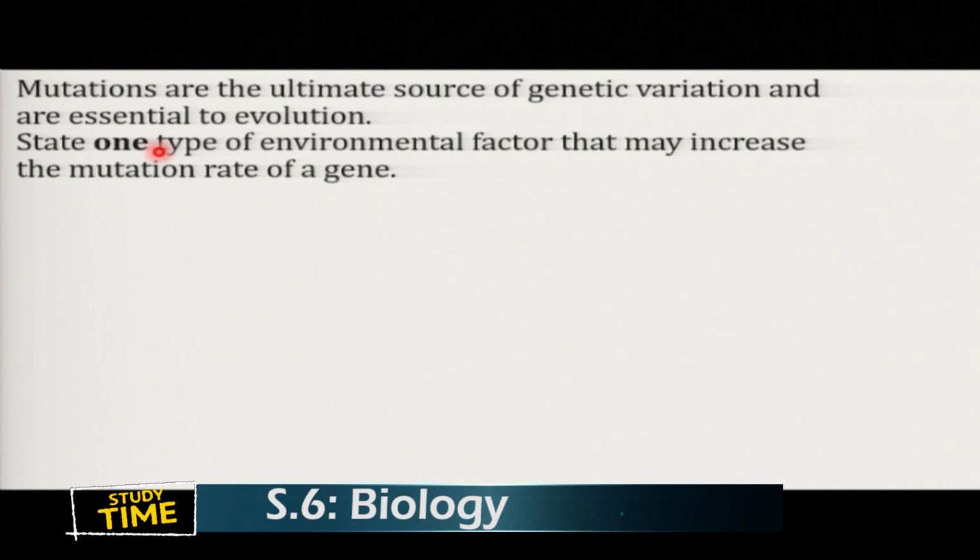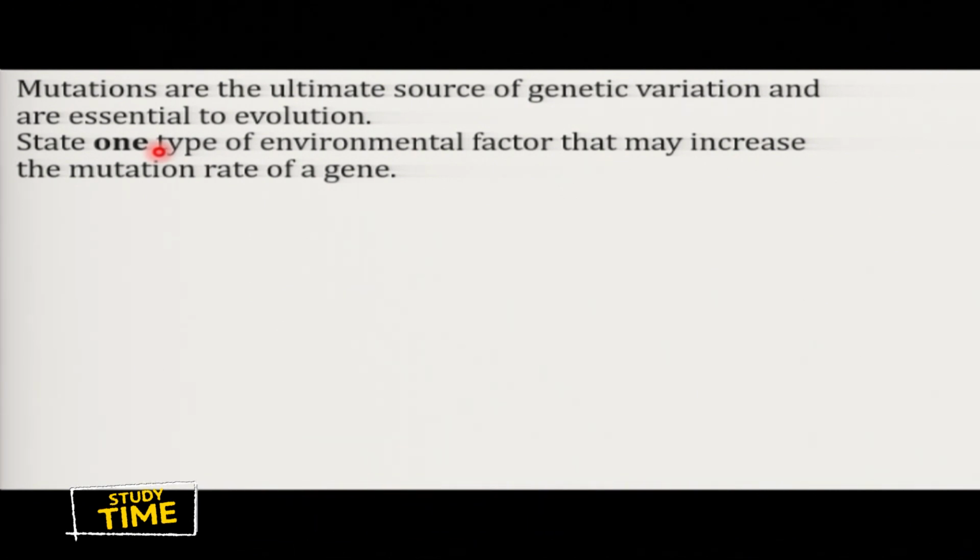You write more than 1 point, you will not get additional points for that. So they're saying 1 type of environmental factor that may increase. It doesn't mean that all the time that environmental factor will bring about the chances for genes, for the DNA to change.